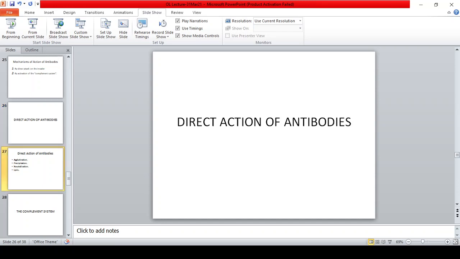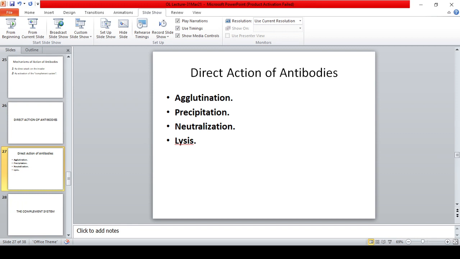Now, the direct action of antibodies involves 4 main ways or methods, namely agglutination, precipitation, neutralization, and lysis. Now, in agglutination, multiple large particles with antigens on their surfaces, such as bacteria, are bound together into a clump.